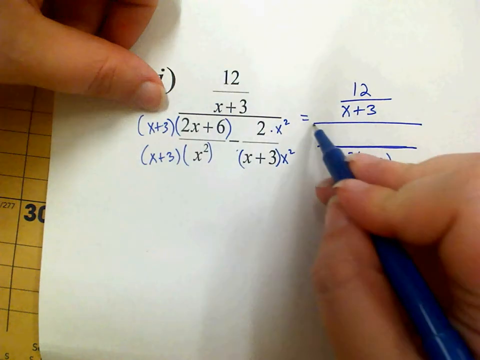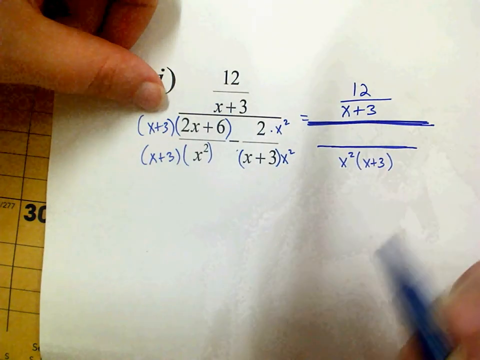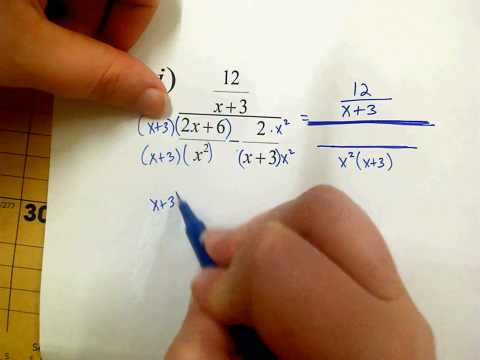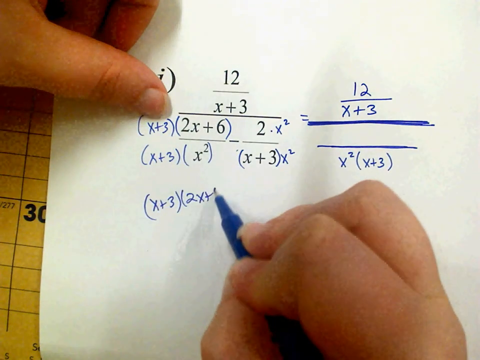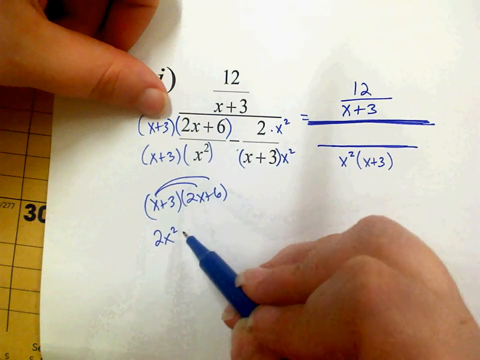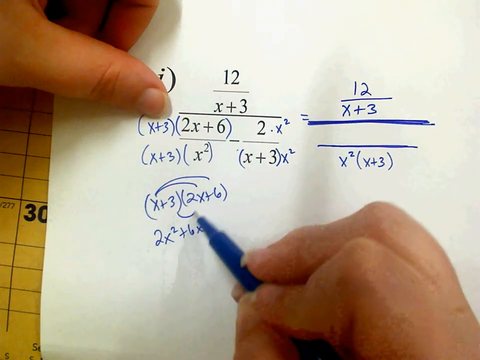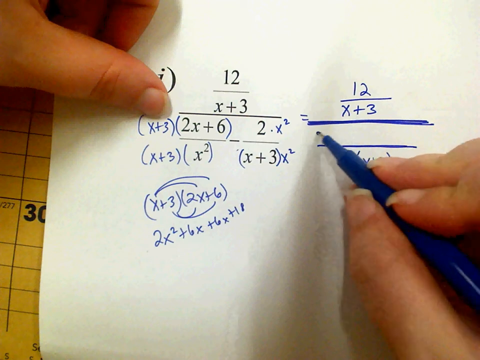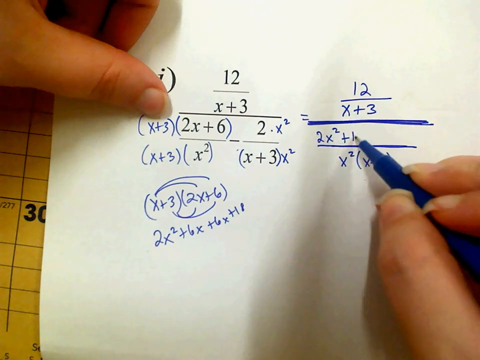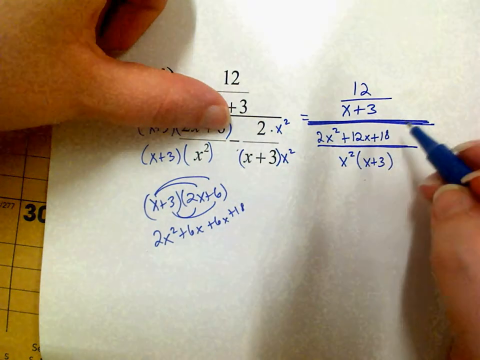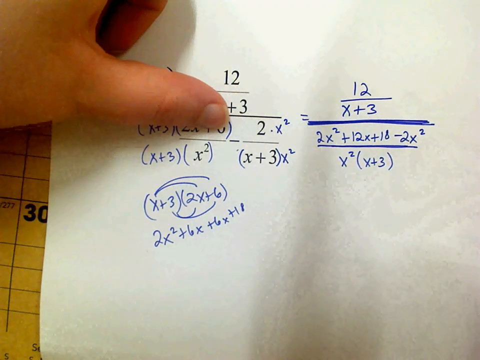Okay, x plus 3 times 2x plus 6 is 2x squared plus 6x plus 6x plus 18. So we've got 2x squared plus 12x plus 18. And then we've got minus 2x squared.